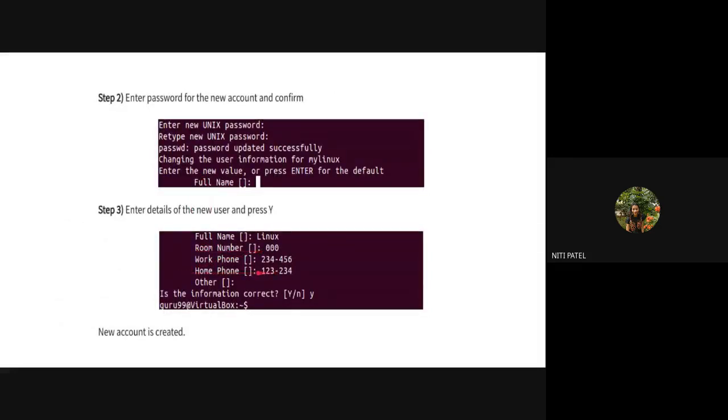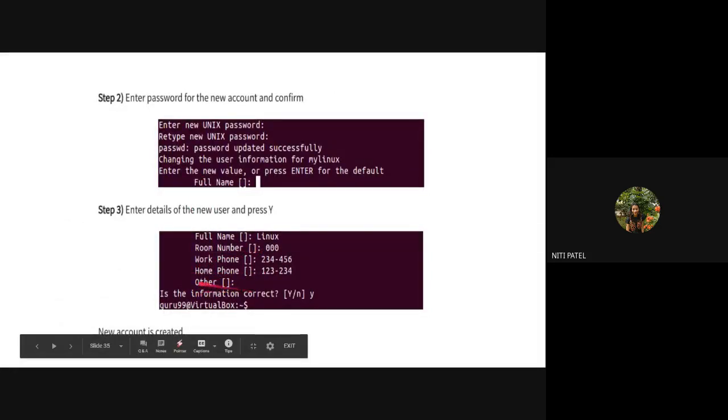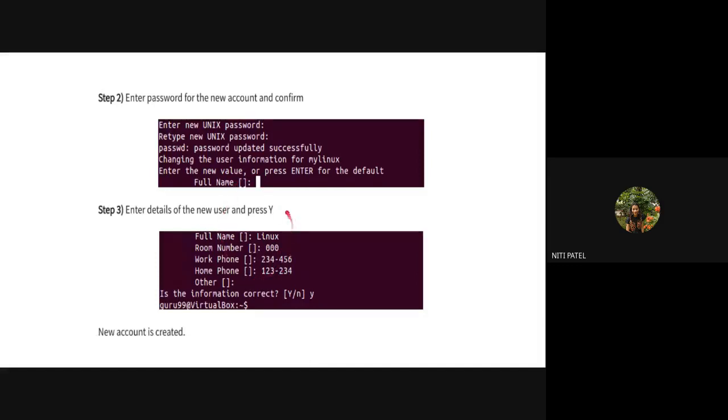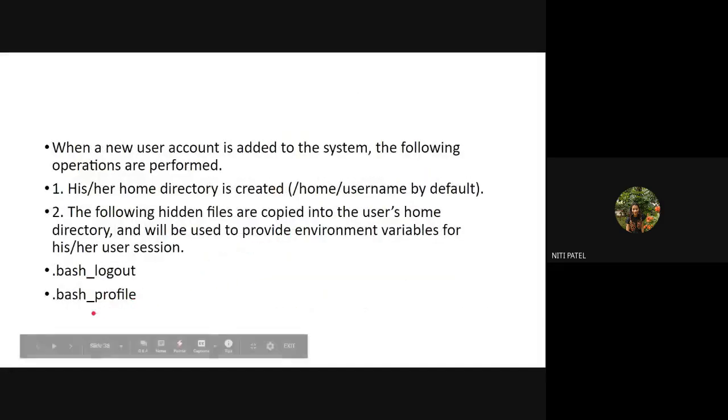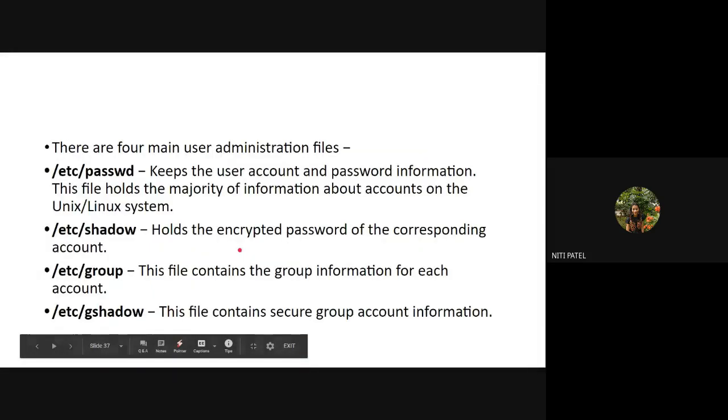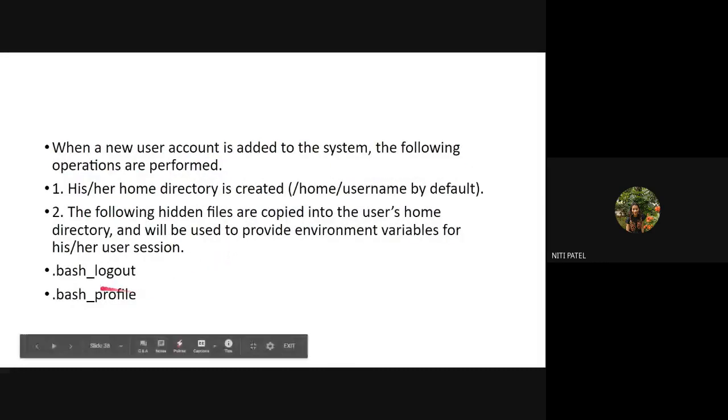What is the work phone? What is his home phone? What is the other information? Everything that you type here will be stored in a hidden format inside bash_profile. Okay, so where is this information that you have typed getting stored? It is stored in a hidden format inside your own home directory with a file name called bash_profile.